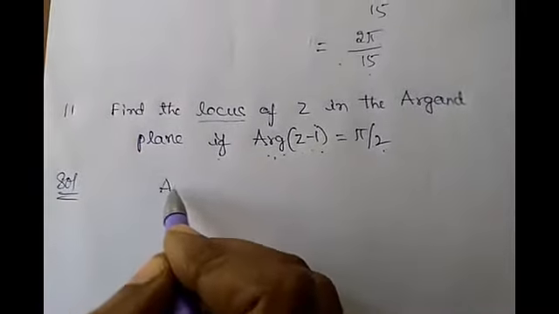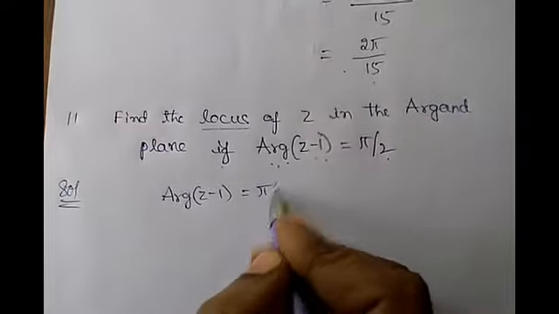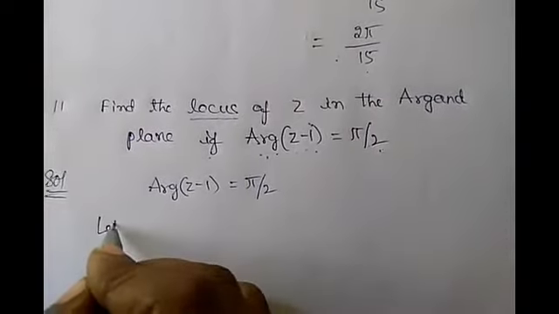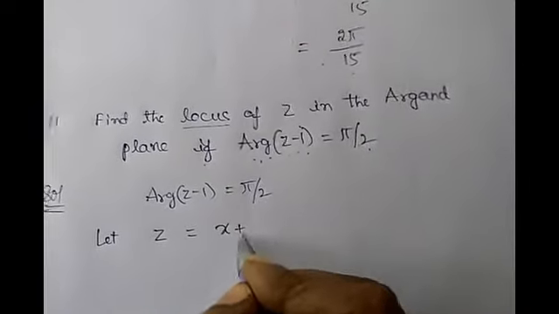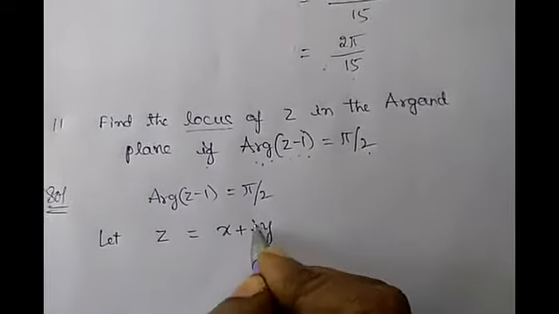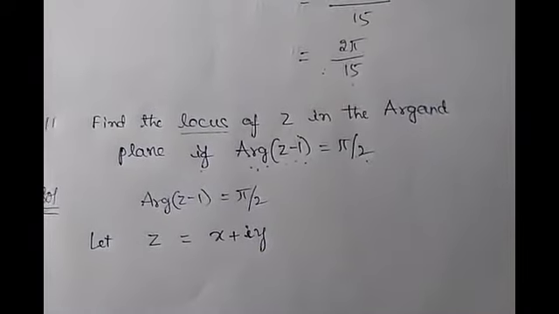What is the given condition? Argument of Z minus 1 is equal to pi by 2. Let us suppose Z is equal to x plus iy, a complex number.